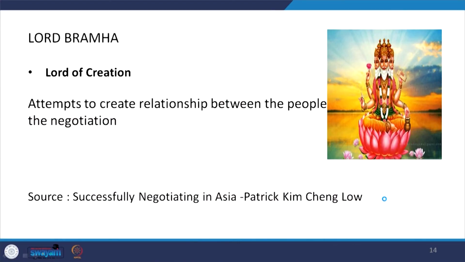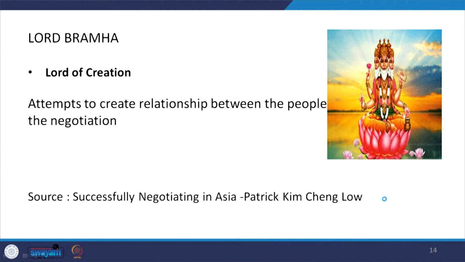And the third one is Lord Brahma. So when we talk about Brahma, Vishnu and Mahesh, Lord Brahma is the Lord of creation, and the Lord of creation attempts to create a relationship between the people, the negotiation. So therefore, as I mentioned, there is a Lord of maintenance, a Lord of destruction and a Lord of creation.